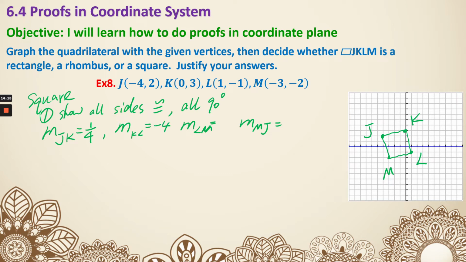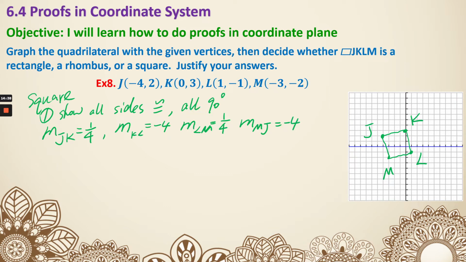And the slope of LM, that would be, well, actually, -1 over -4, so that's 1/4. Lastly, MJ, you can see that is going to be -4.